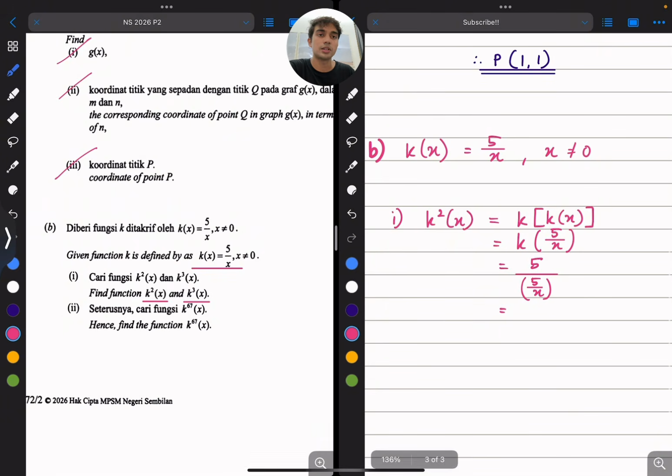When you have fractions in a fraction, the easiest way is to split it. So this is 5 divided by 5 over x. Divide means you can write it as times, then swap these two. So 5 cancels off, you get x. So k square x is just x. Done.